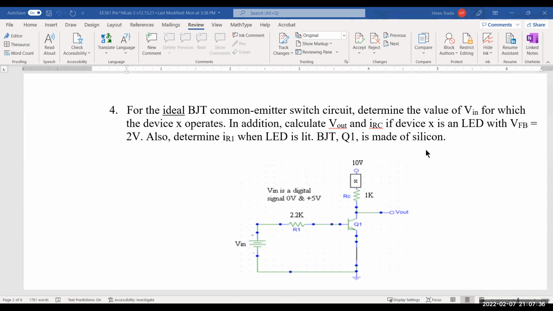Forward bias voltage for the LED is given as 2 volts. You're also asked to calculate V out and IRC and also IR1 through that base resistor when the LED is on. Let's look at how we can do that.